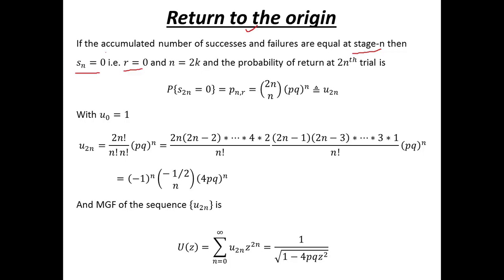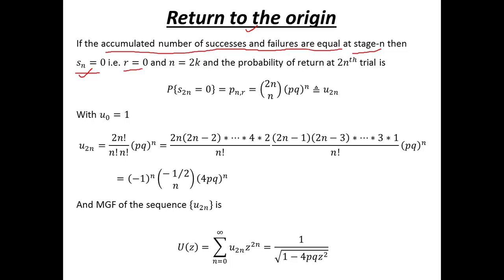So if the accumulated numbers of successes and failures are equal, only then you will get Sn equals 0, because Sn is the summation of all the successes and failures. For successes it is a summation of plus ones. For failures it is a summation of minus ones.